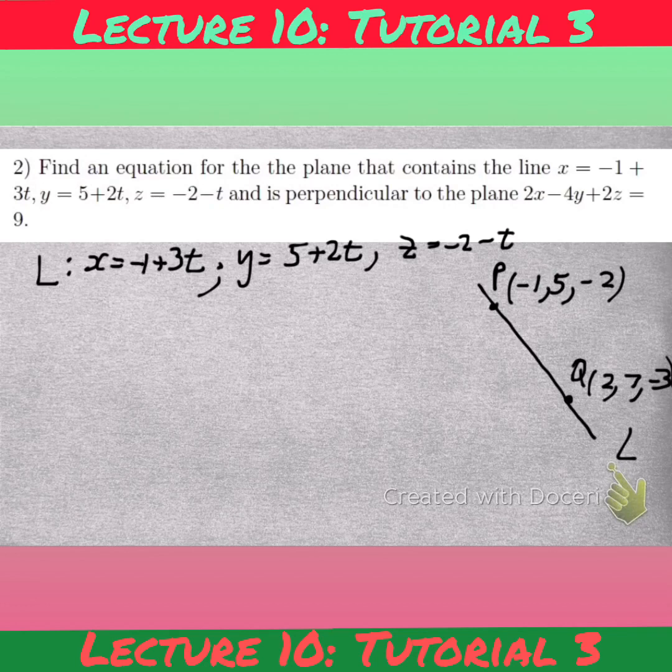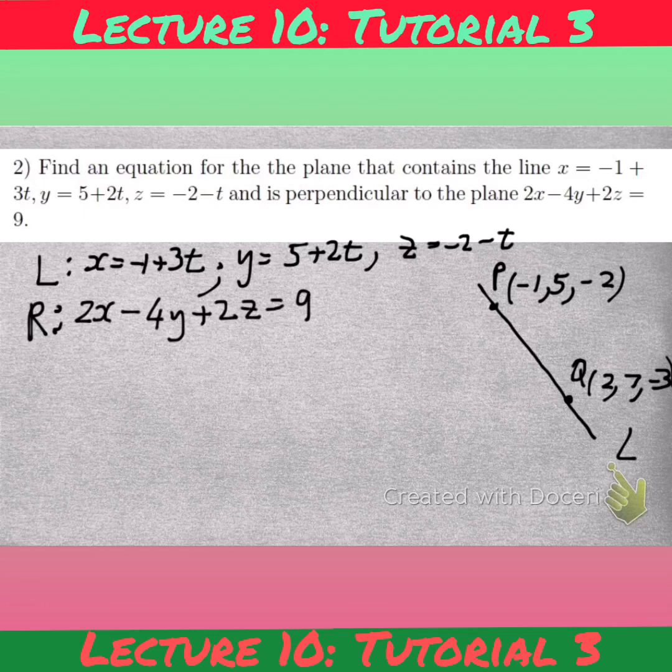All right, and now we've also got the plane. Let's call the plane R, and it's the plane 2x - 4y + 2z = 9.